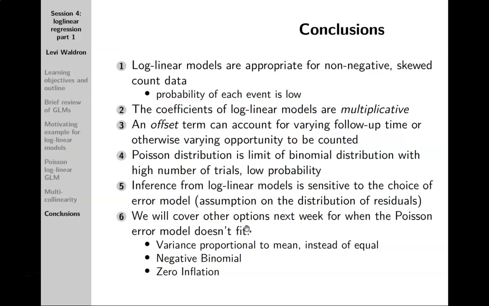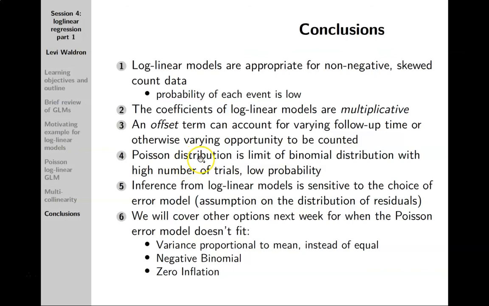So a coefficient has to be exponentiated to be interpreted as a ratio increase in your outcome variable, and the effects of two different independent variables multiply each other rather than adding. You can use an offset term to account for varying follow-up time or other reasons where there's varying opportunity to be counted.